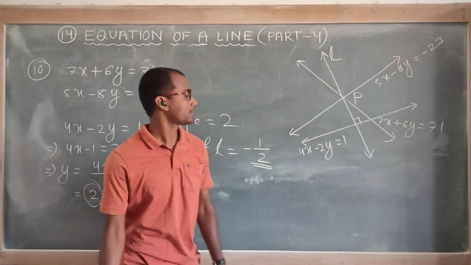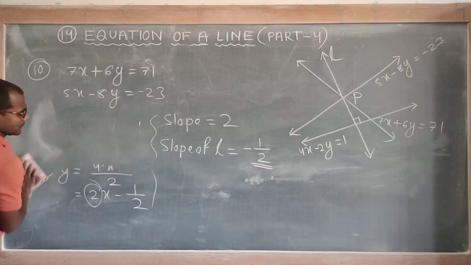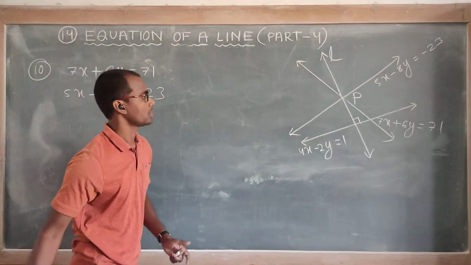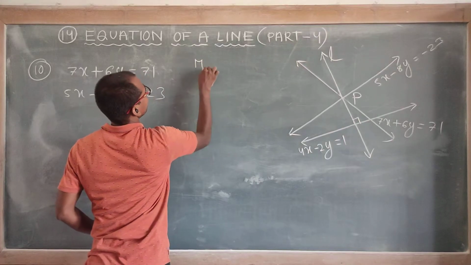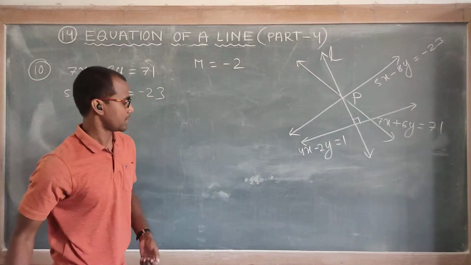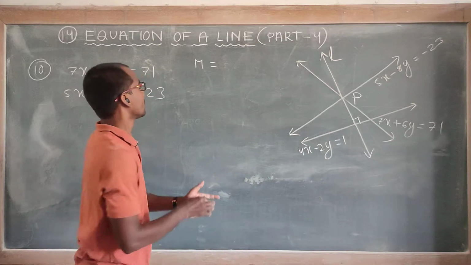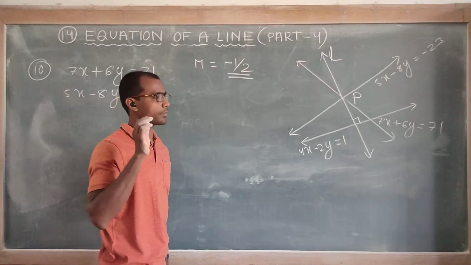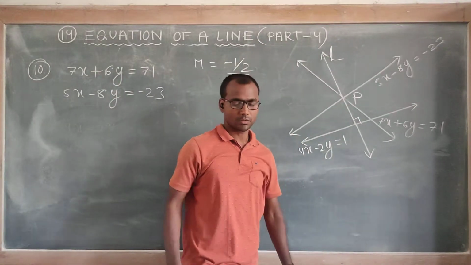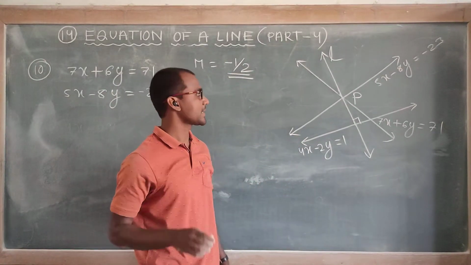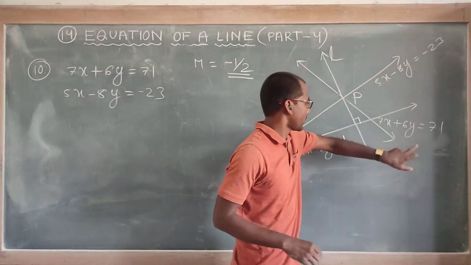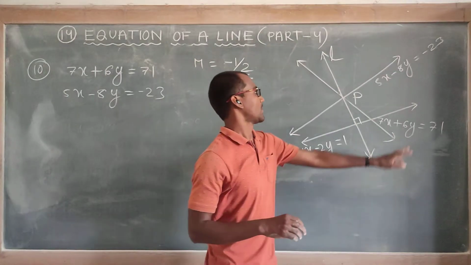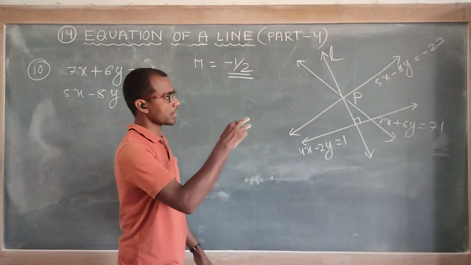The slope of L is minus 1 by 2, we have already got it, and simply need one point, the coordinates of P. Now the point P lies on this line and this line, therefore it will satisfy both equations. So let us solve the two equations.